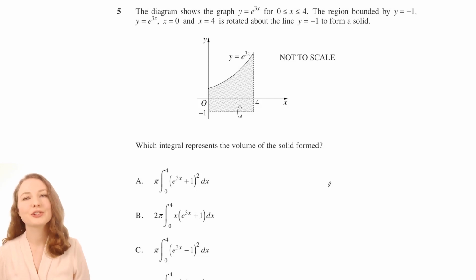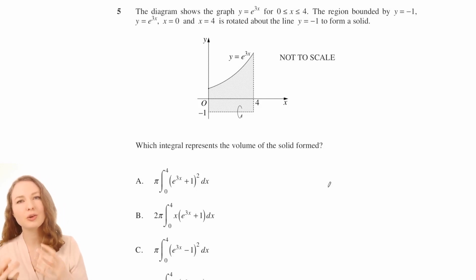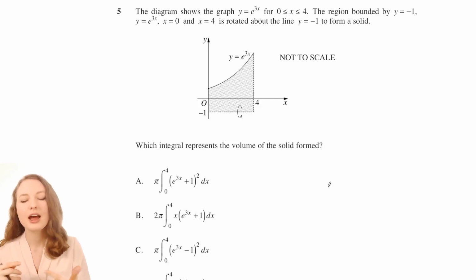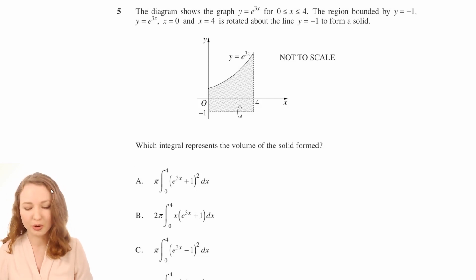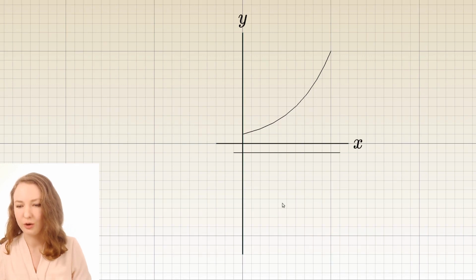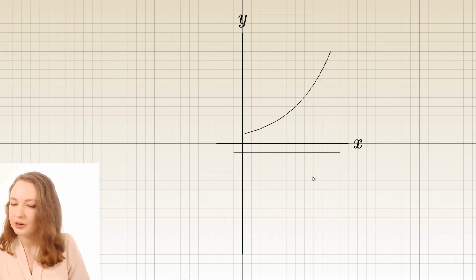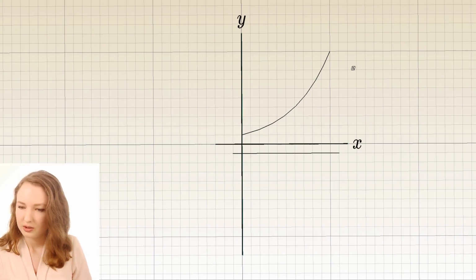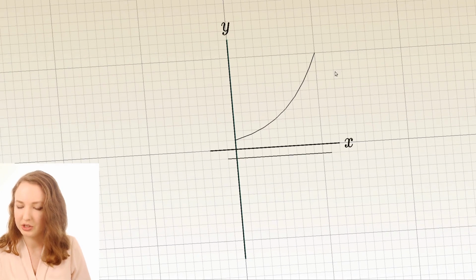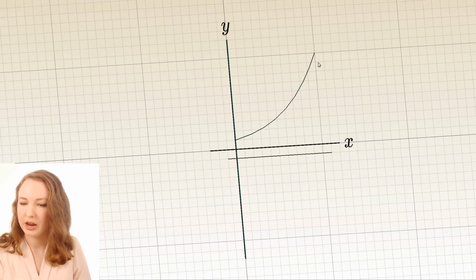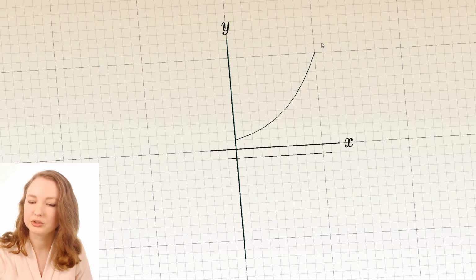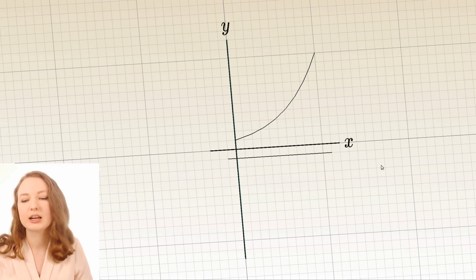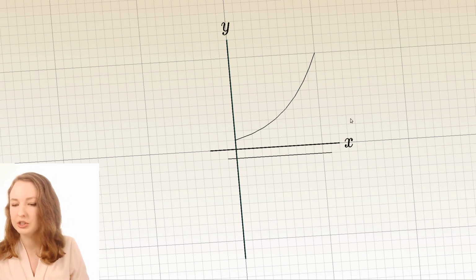So I know that a lot of students have issues with visualizing what that shape's going to look like and what that has to do with the integral. So I wanted to give you guys a proper 3D model of what this looks like. So here's our function. What we want to do is imagine this shape swinging around that axis and cutting out a 3D shape.